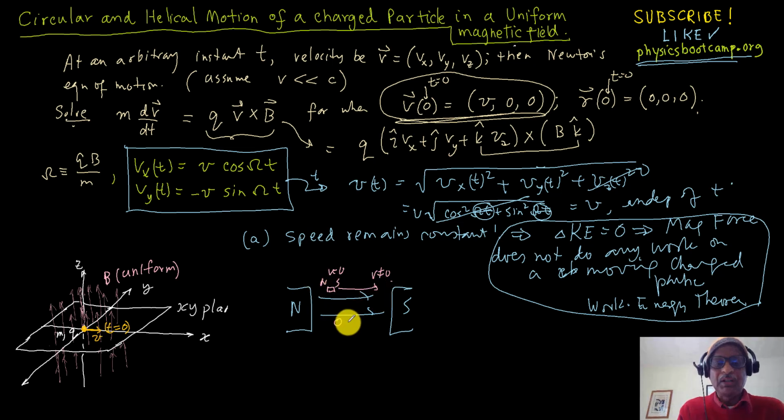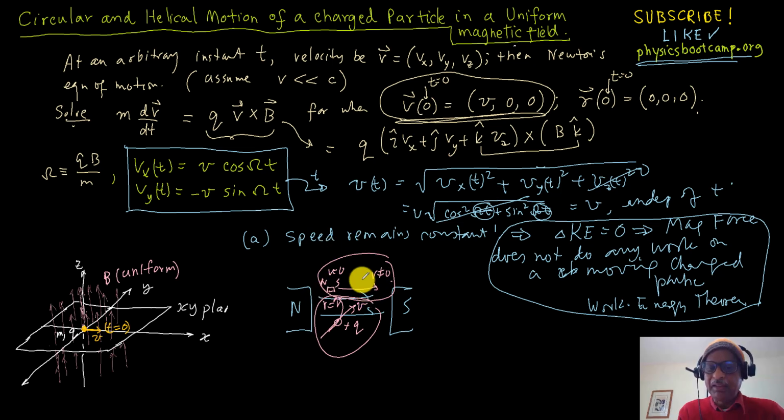But if you have a charged particle plus q and you shoot it in here, it can change the trajectory, but that v is the same v. So unlike the magnet, work done on a charged particle is actually zero, but work done on a magnet is not zero, and that's a little bit different mechanism.